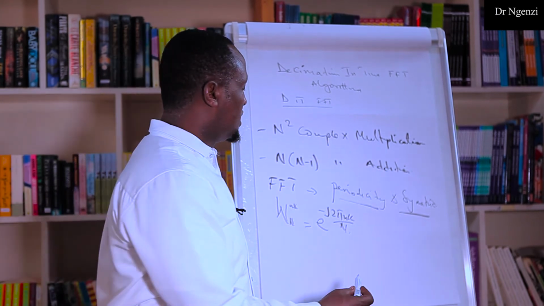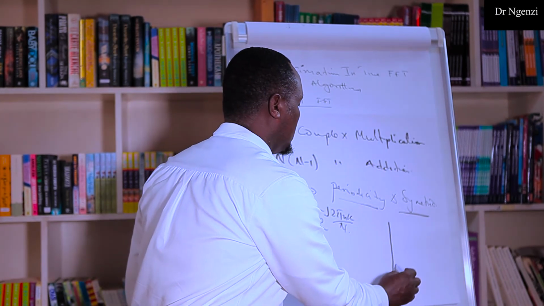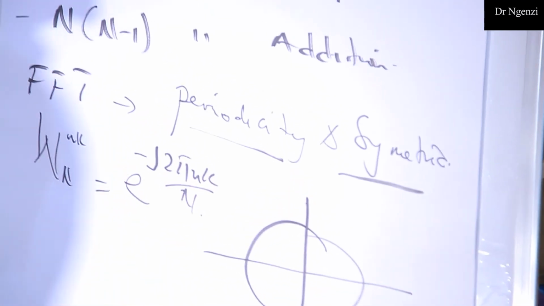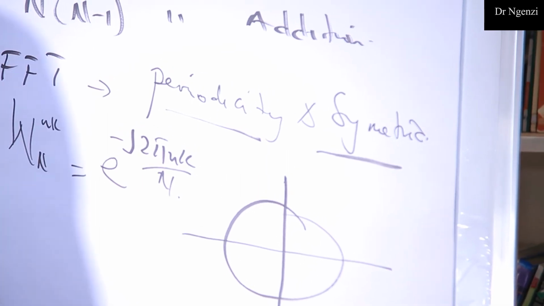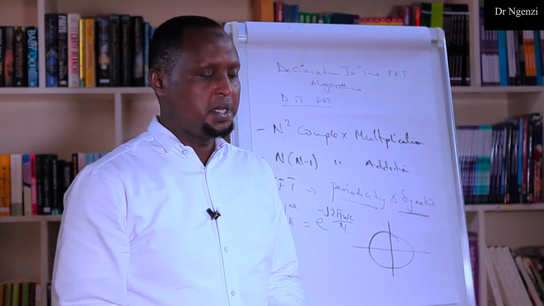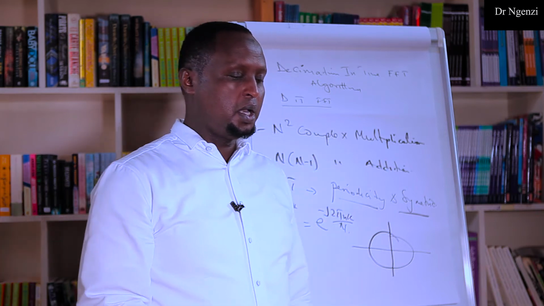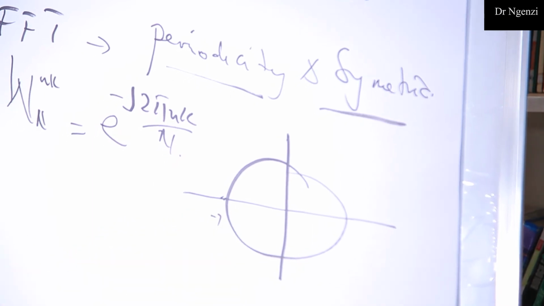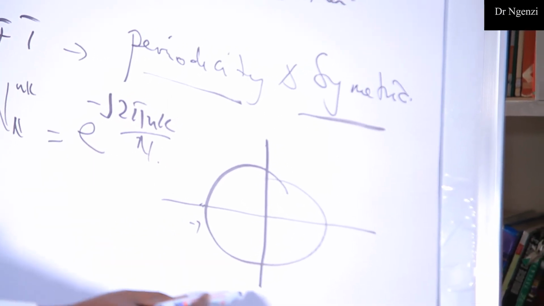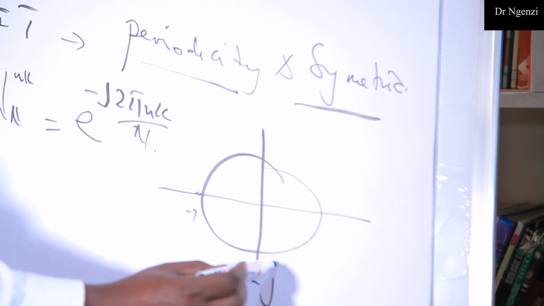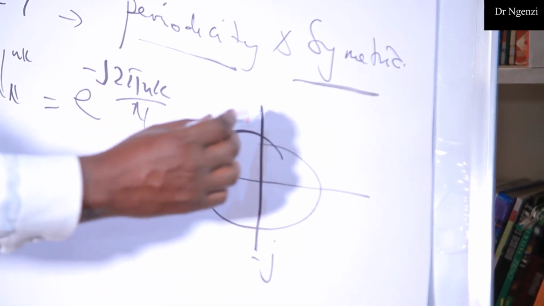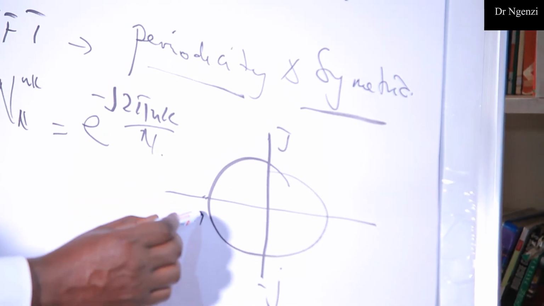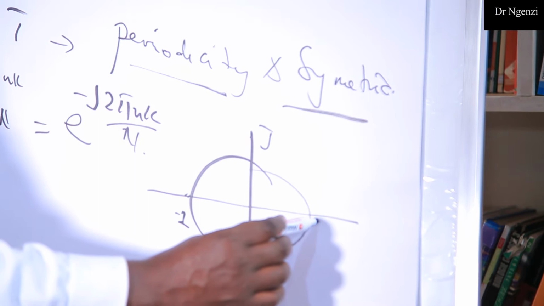For example, if you have a circle with its points from the origin, it can be clockwise or anti-clockwise direction. Here we marked -1, J, and 1. So this is -1, this is 1.